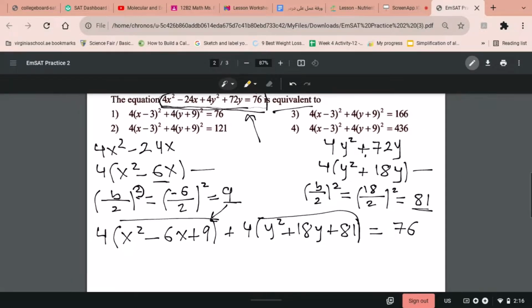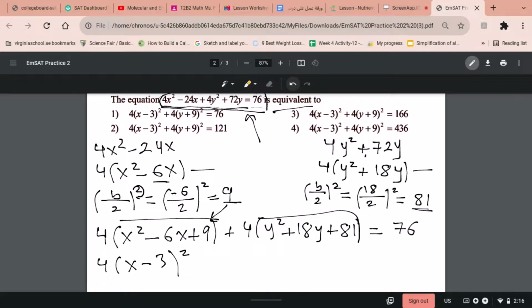Let's zoom out. When we take the square root of 9, it should be 3. So we say x minus 3, because here we have the negative sign in the middle. So we put the negative sign, and the square root of 9 is 3.